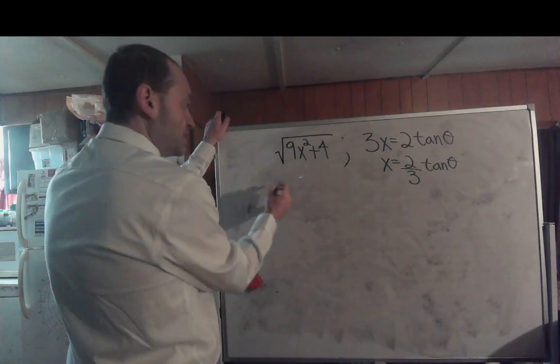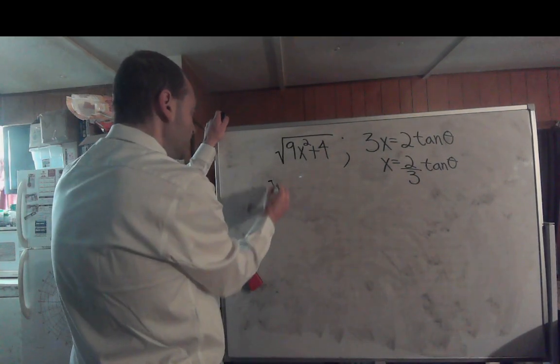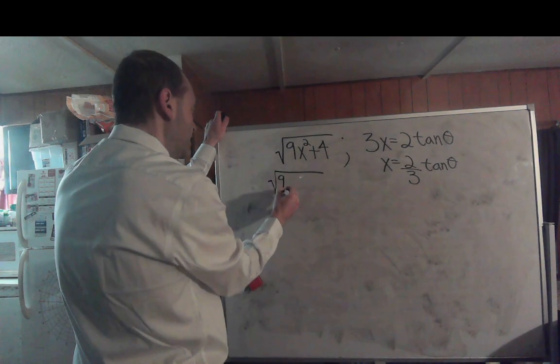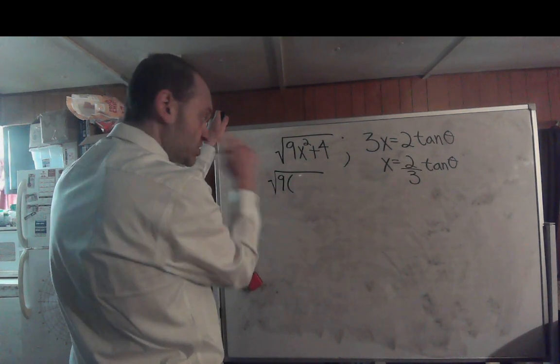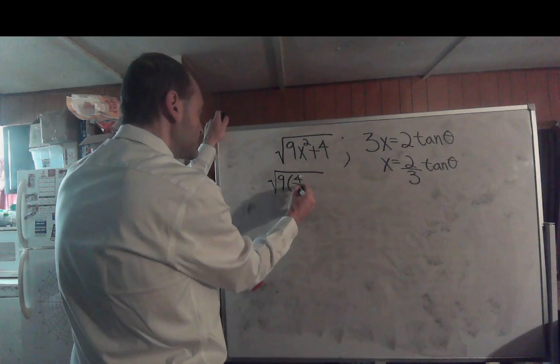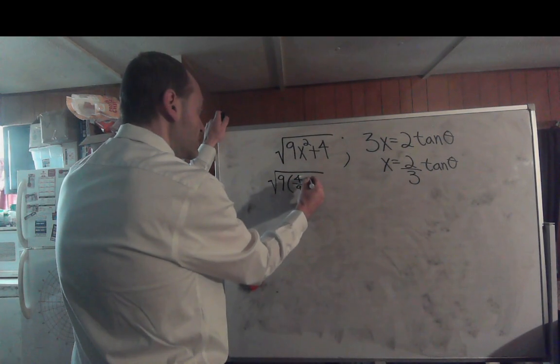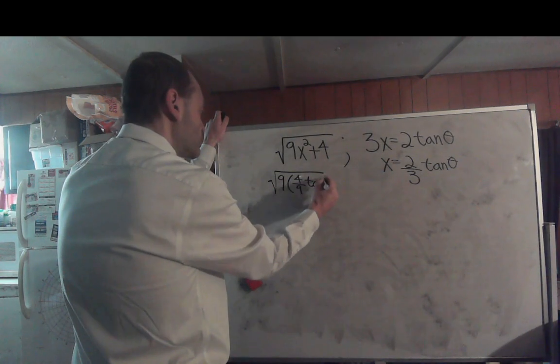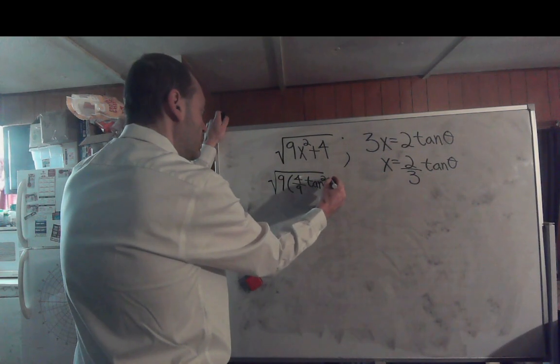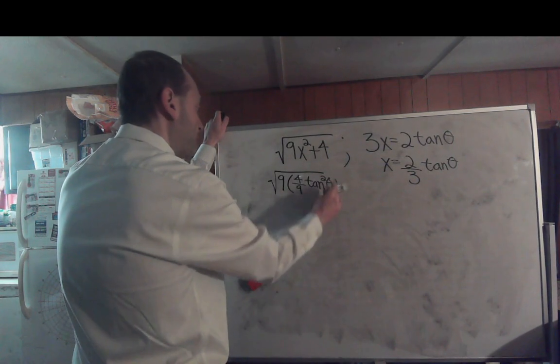So let's go ahead and substitute that value for x in. You should end up getting 9 times, what's 2/3 squared? Well, that would be 4/9. Then times the tangent squared of theta.